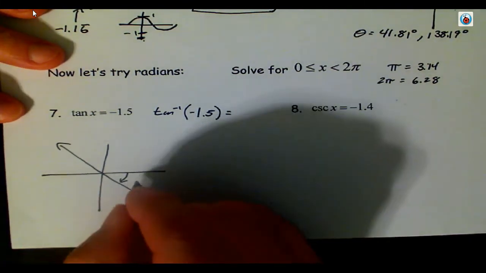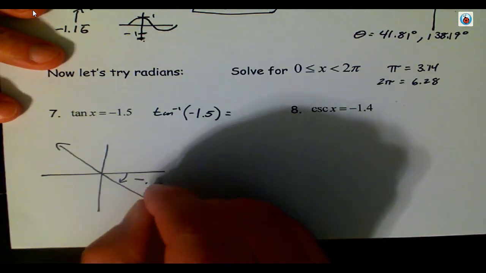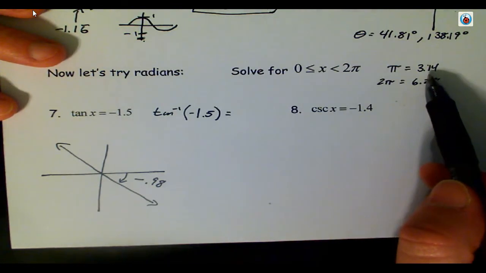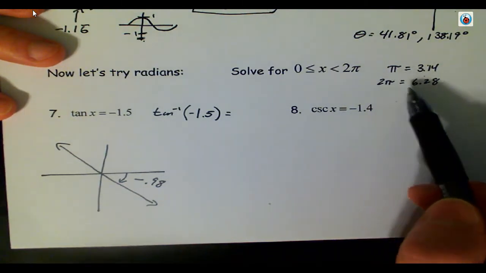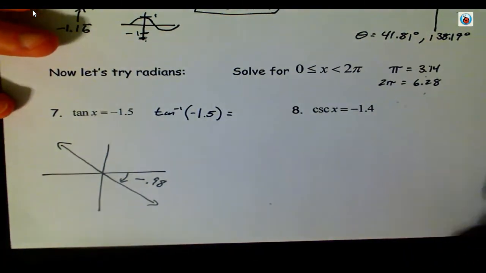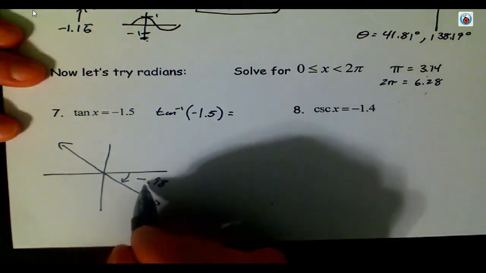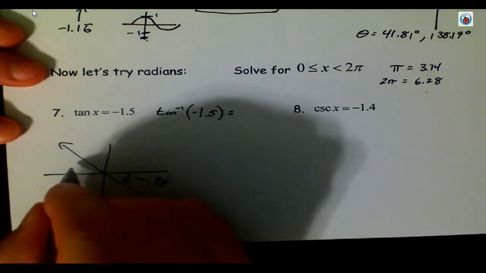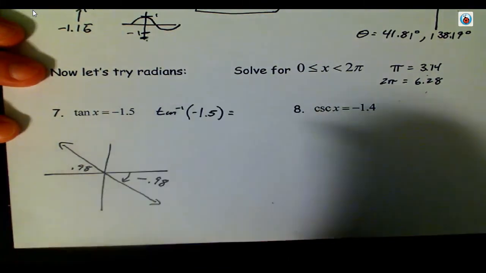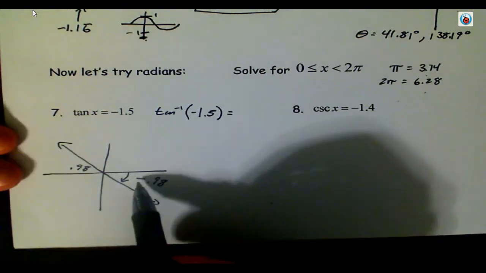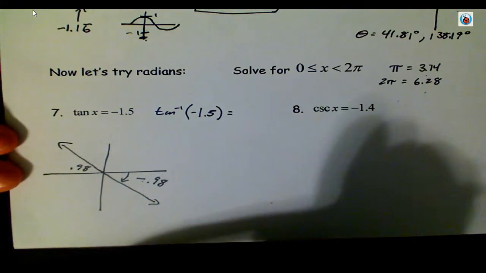Now if you notice, this radian is very small, it's negative 0.98, but that makes sense because an entire pi is 3.14 and an entire 2 pi is only 6.28, so I should be getting small numbers. If this is negative 0.98, that means this is 0.98 as well. Remember, reference angles are technically positive. I'm only writing a negative because that's what we got in our calculator.